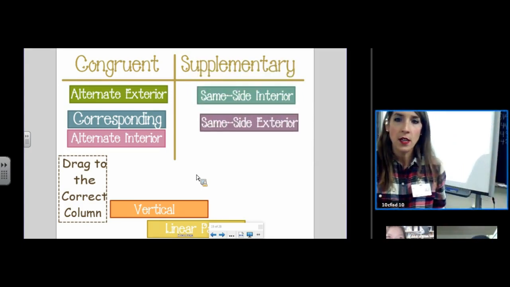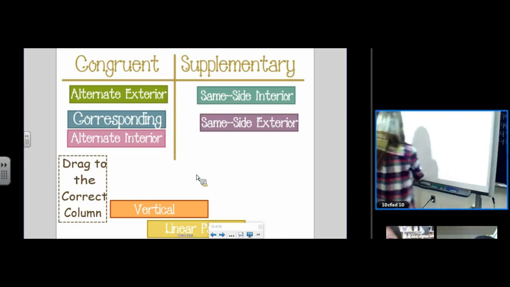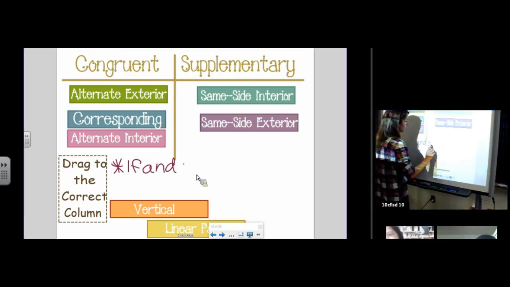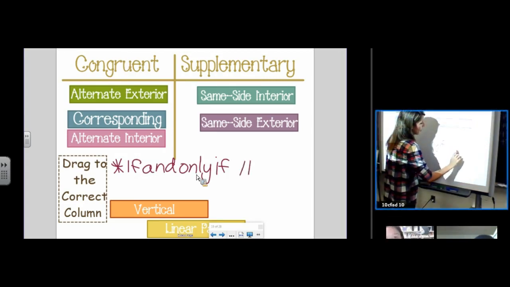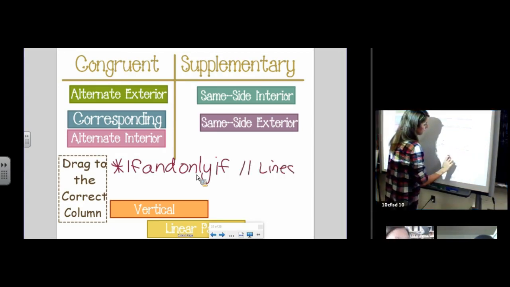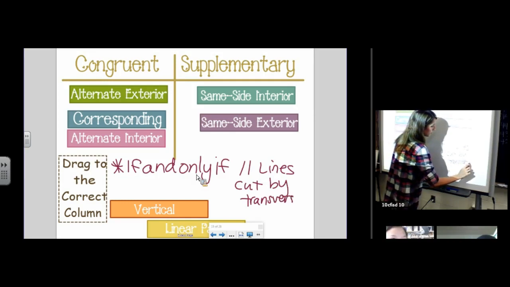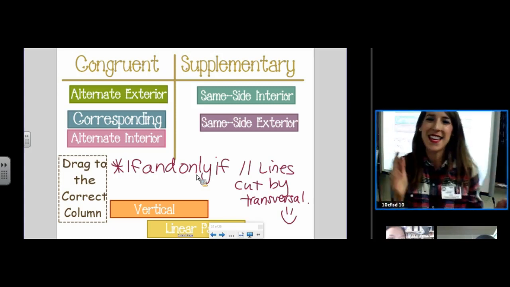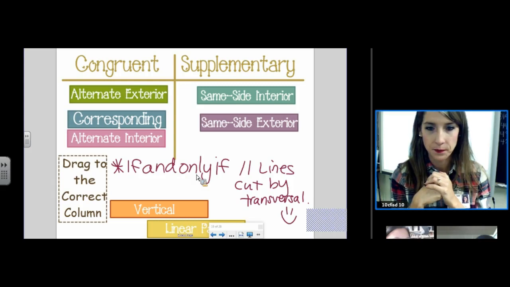So make sure you put this table in your notes, and underneath it you put if and only if, that's called a biconditional, if and only if parallel lines. So these go into these categories if parallel lines are cut by a transversal.